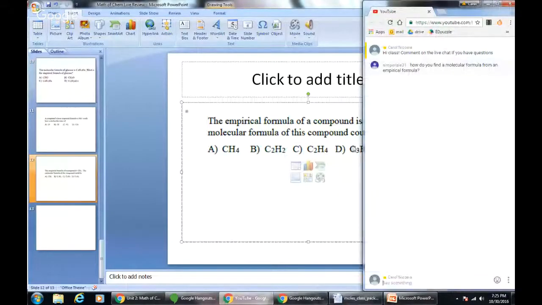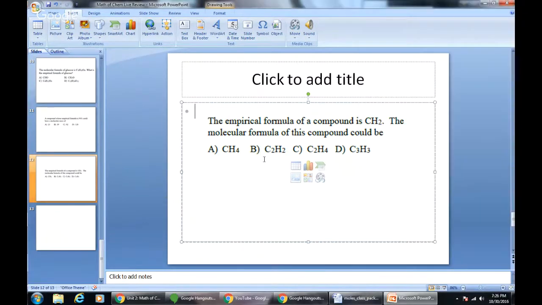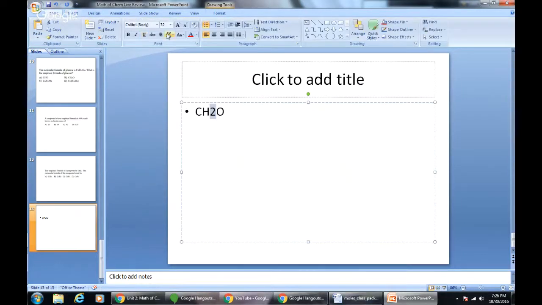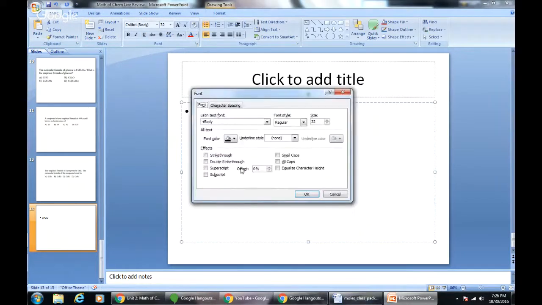All right, let's see how we're doing. Oh, how do you find a molecular formula from an empirical formula? Excellent question. I think I got that in the last one, but let's try another one. So if I give you an empirical formula, let's do CH2O like I showed you before.